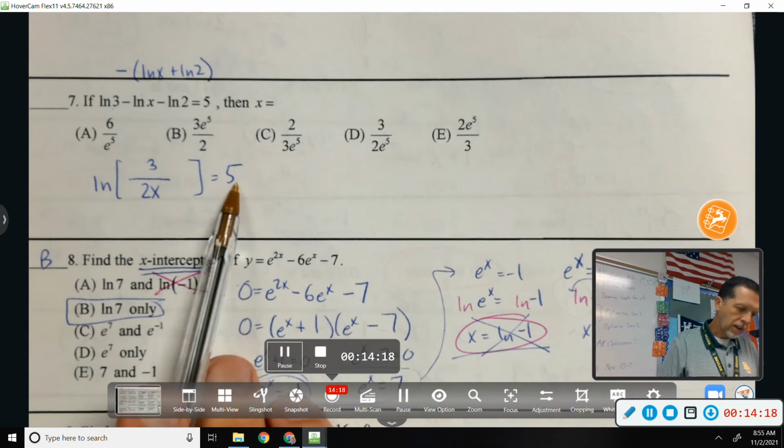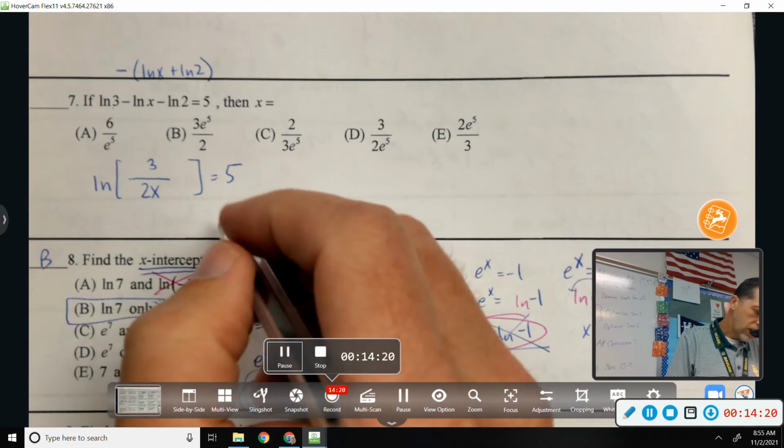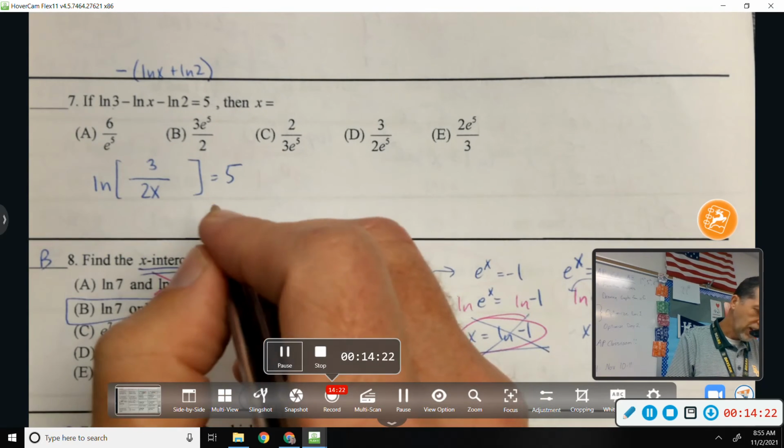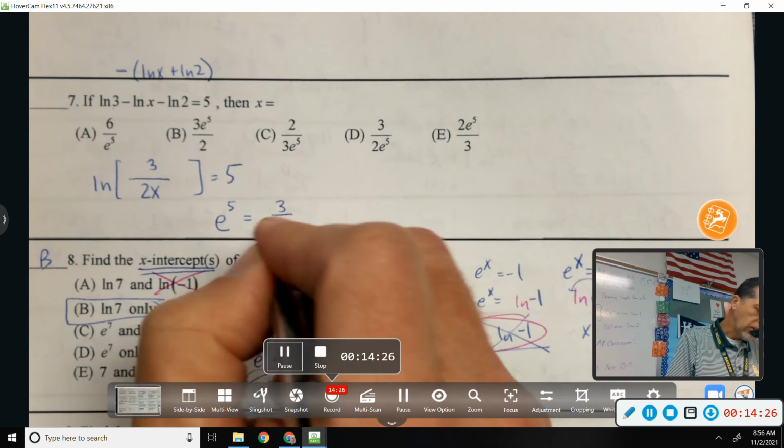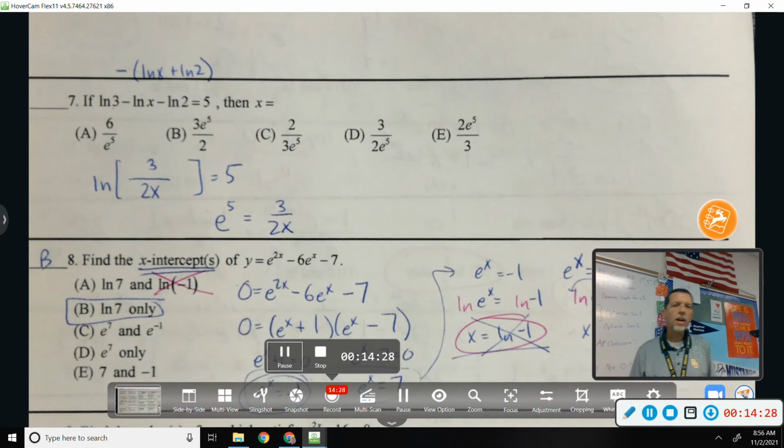Okay, I think I'm ready to fishhook this thing. So e to the 5th equals 3 over 2x. From here it's algebra 1 stuff. It's ugly numbers, stuff's in denominators, e to the 5th, but the skills are algebra 1.